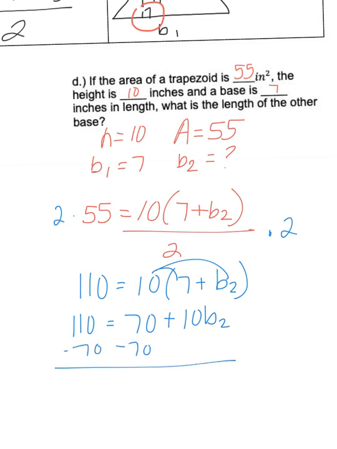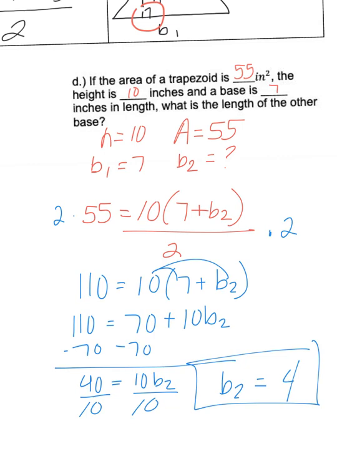So I get 40 equals 10b2. Divide both sides by 10. And my b2 is just 4. Okay? So that's your second base, it would just be 4 inches. Let's move on.